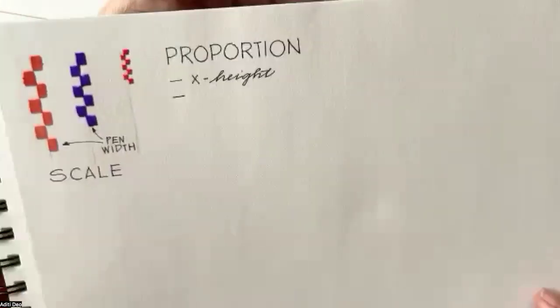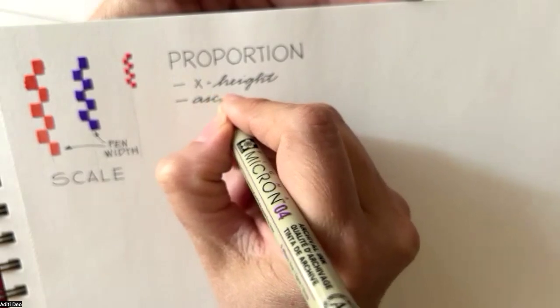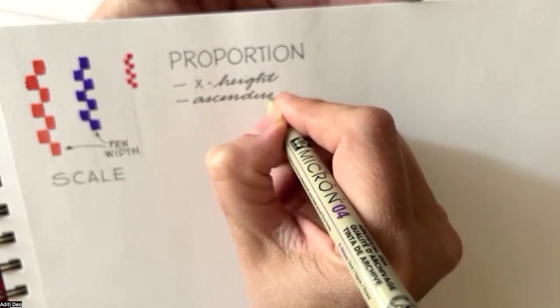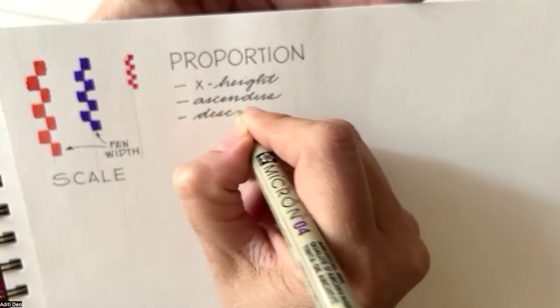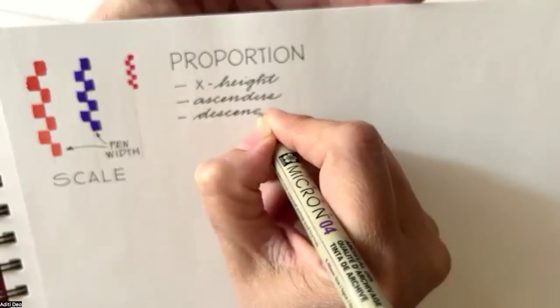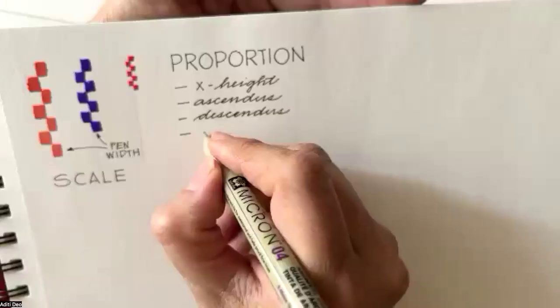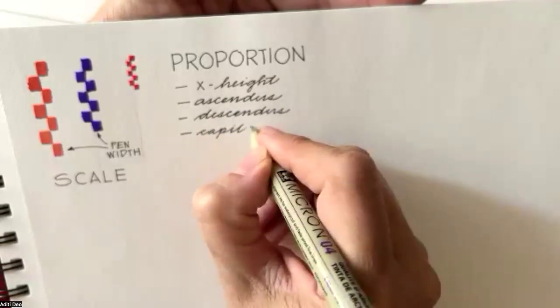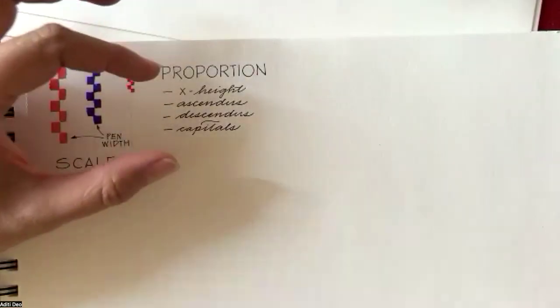Then you have ascenders, descenders, and sometimes also capitals. And each of them have a particular proportion.